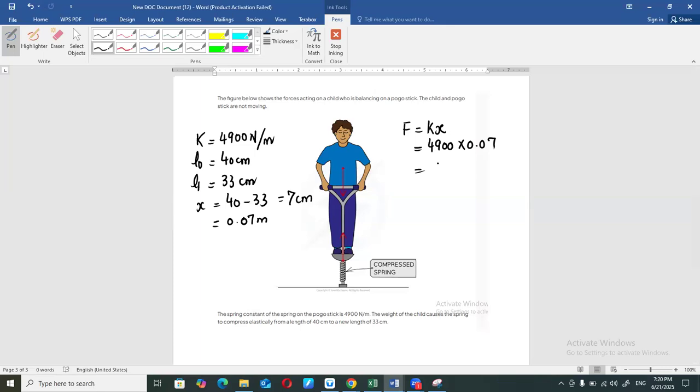Now, let me quickly solve that. It will be 4900 multiplied by 0.07. So it gives you 343 newtons. That is the weight of the child that is jumping. That is how you found out the weight of a person.